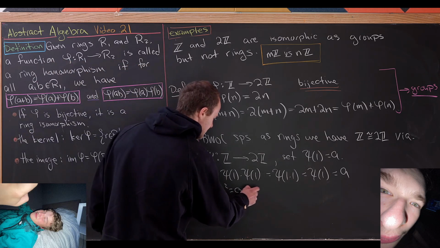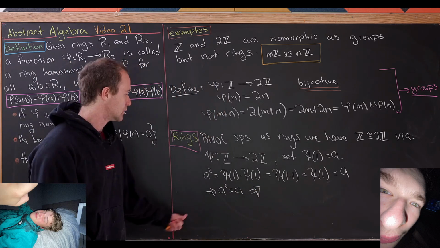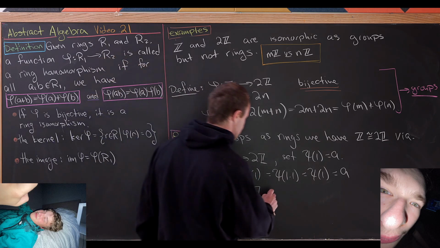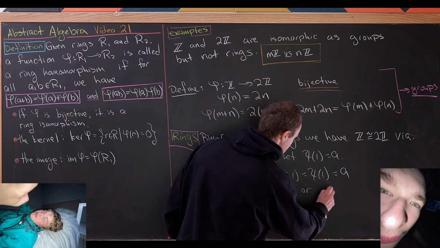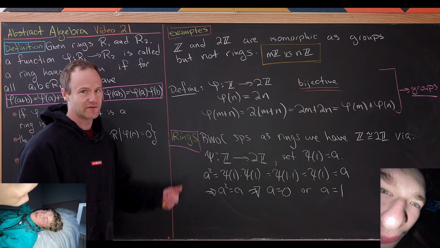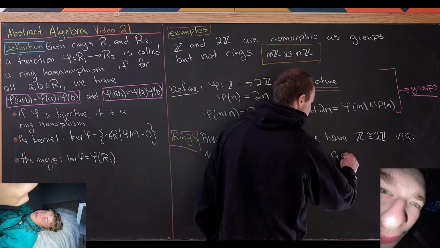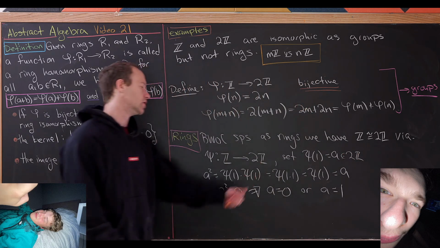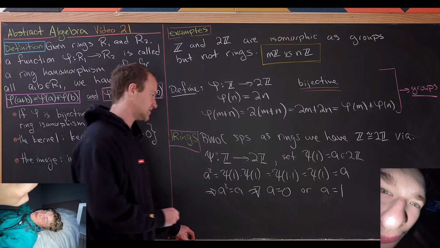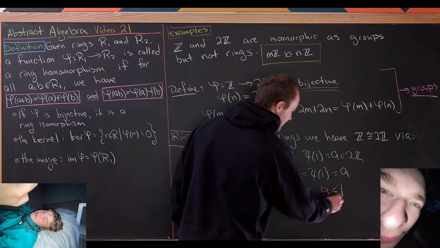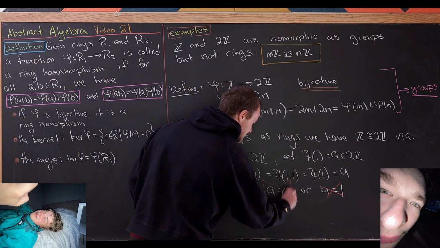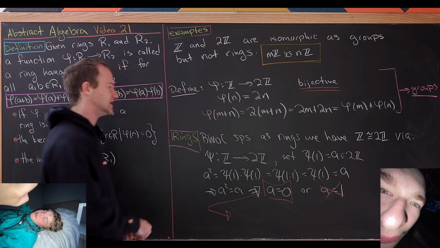But now let's notice that inside of the integers, which 2Z is inside of, that only has 2 solutions. That means a is equal to 0 or a is equal to 1. But we're in fact not inside of all integers, we're only inside of even integers, because our codomain is the even integers. Since we're inside of only even integers, the a equals 1 case is not possible. So we must have a equal to 0.